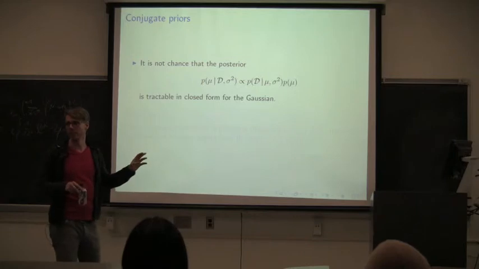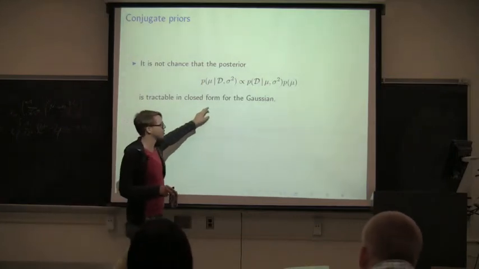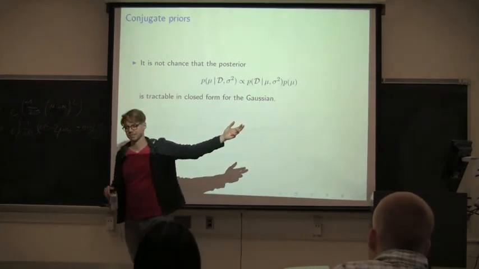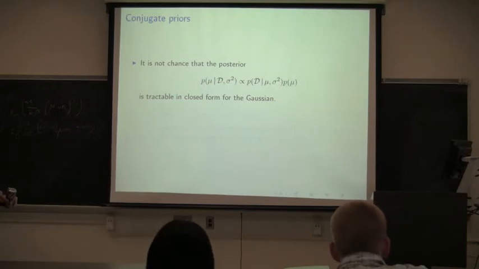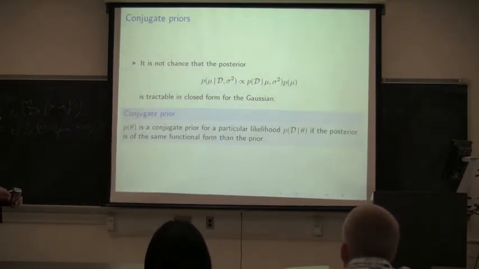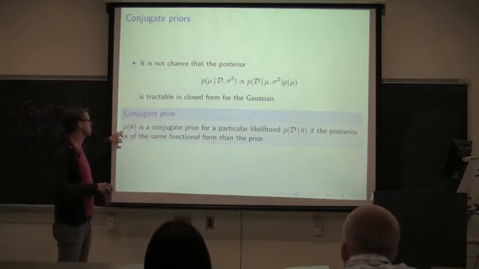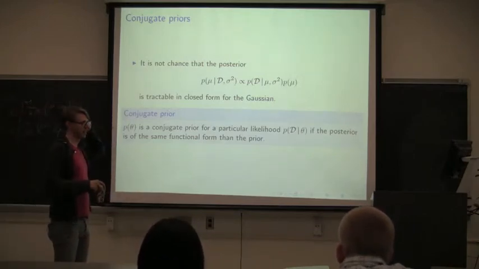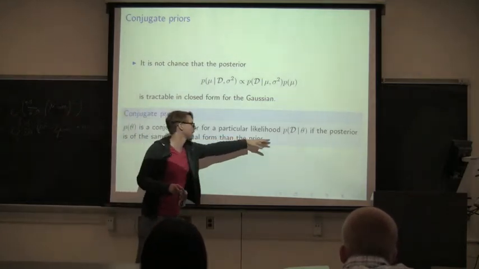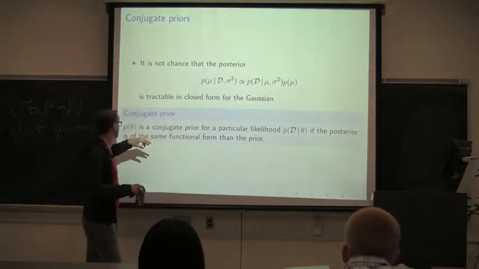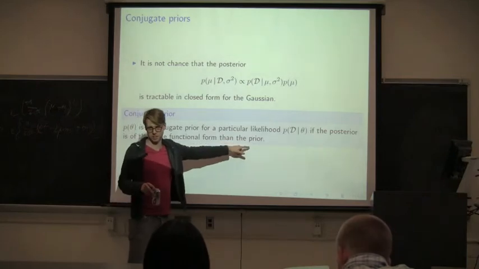Well, we saw that the posterior distribution was tractable in closed form for the Gaussian, being another Gaussian. The reason for that is that we use something which we call a conjugate prior. A conjugate prior is a prior for a particular likelihood where the posterior has the same functional form as the prior.